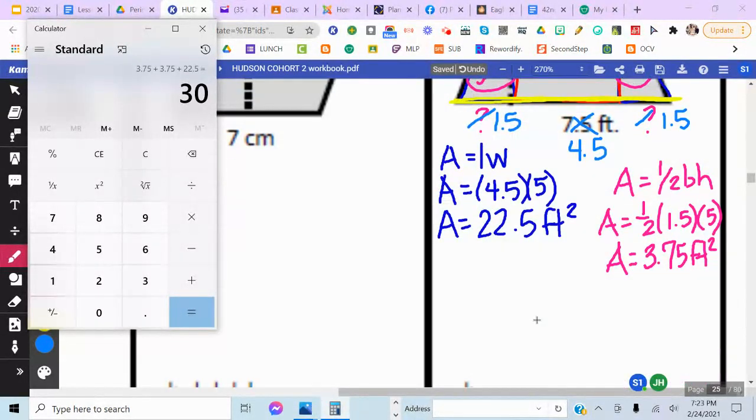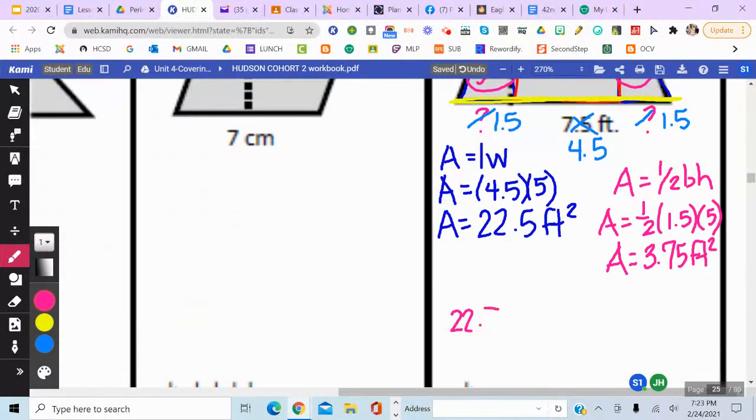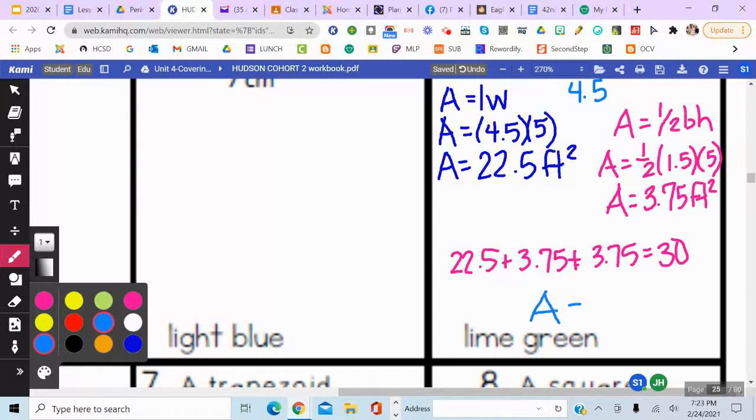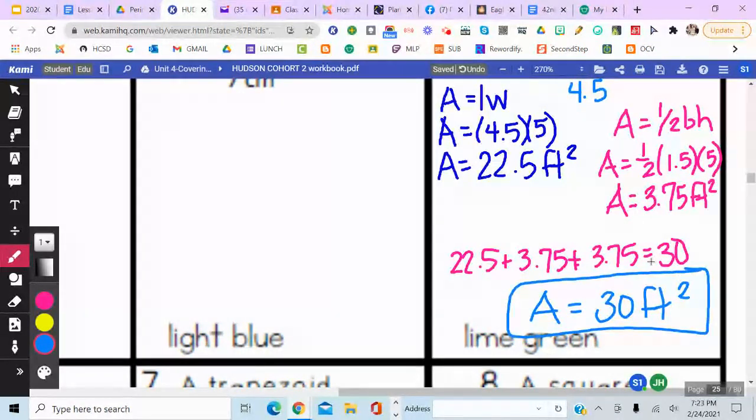So I'm going to write that here, 22 5/10 plus 3 and 75 hundredths plus 3 and 75 hundredths equals 30. So my total area equals 30 feet squared. And if you would please box or circle your final answer, I would be oh so grateful.